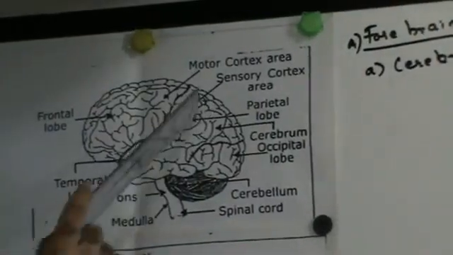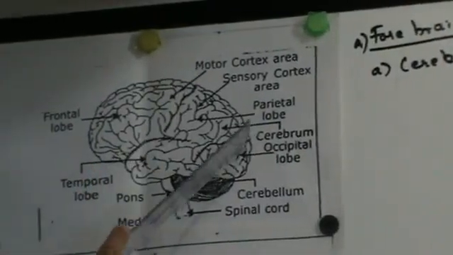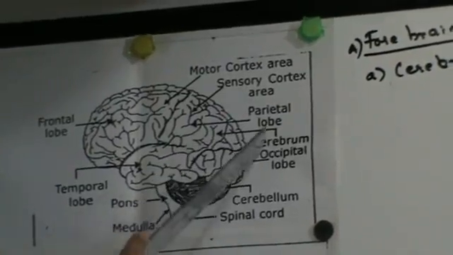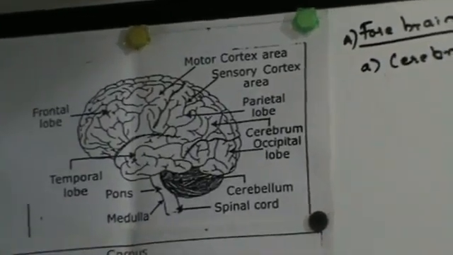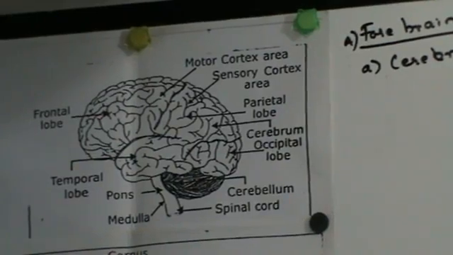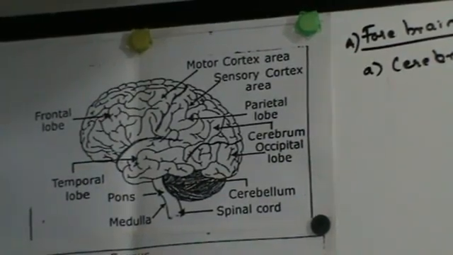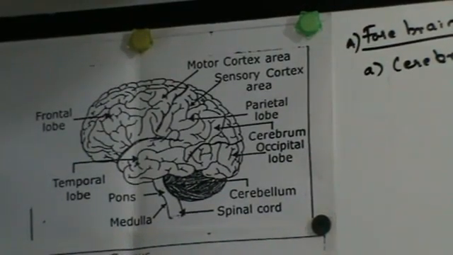Then you have the lateral sulcus, and then the parieto-occipital sulcus, right? Now you also have four lobes in the brain. Those are the anterior frontal lobe, the middle parietal lobe, the posterior occipital lobe, and the lateral temporal lobe.